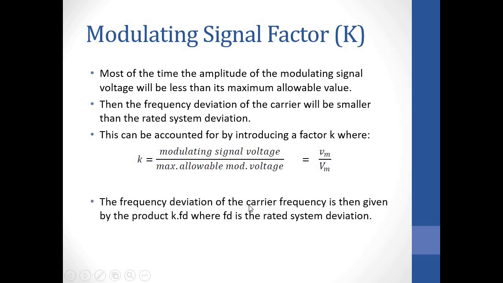The frequency deviation of the carrier frequency is given by the product K·FD. So if you are given your K and you want to calculate the frequency deviation caused by your signal, you can do so, where FD is the rated system deviation.